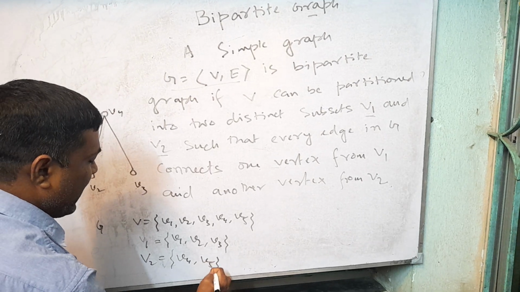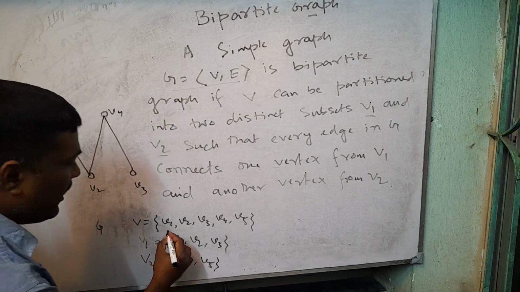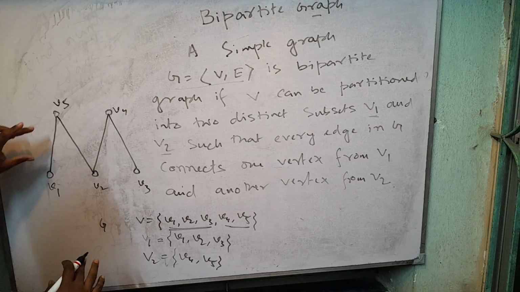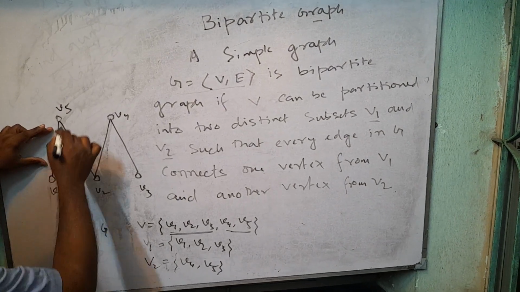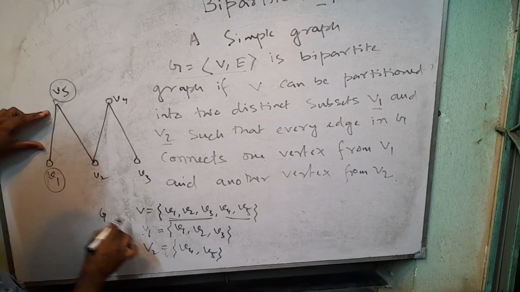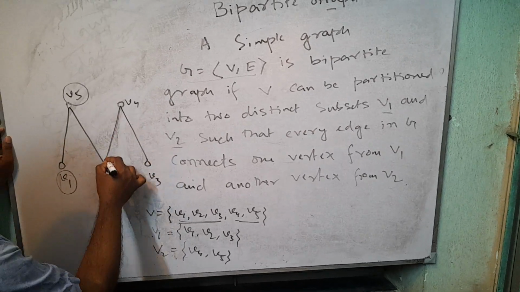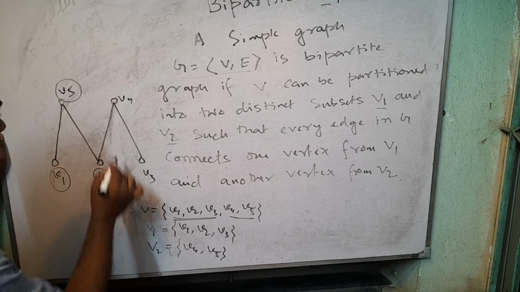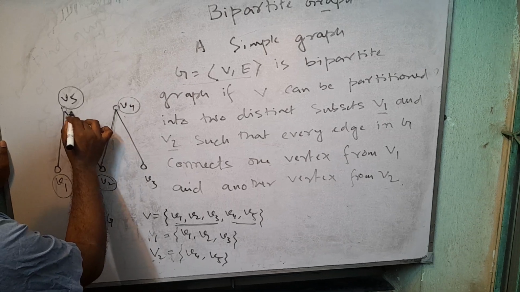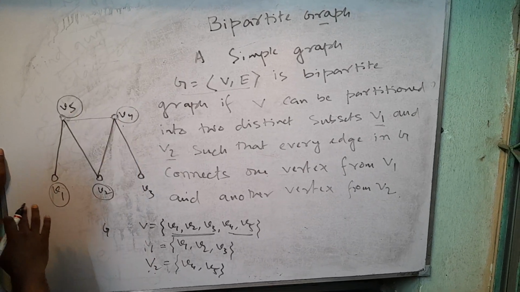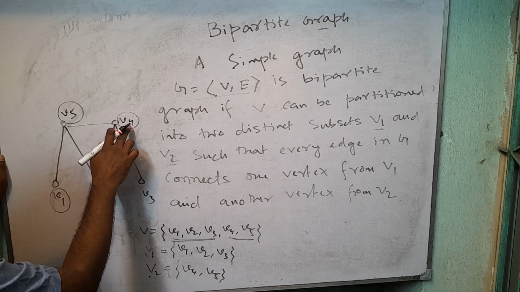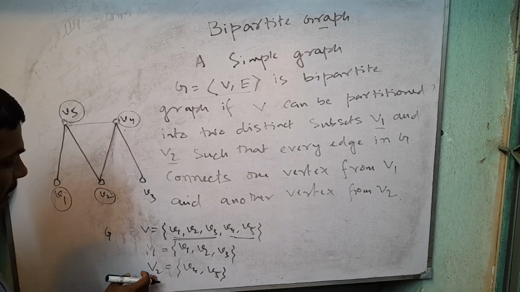Now take any edge: you can find one end vertex from one subset and another end vertex from the other. But if we join V4 and V5, then this graph is not bipartite, because for this edge both end vertices V4 and V5 are from the same vertex subset.